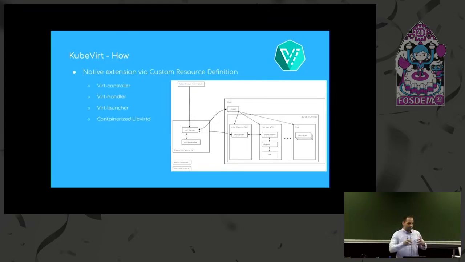KubeVirt provides its own small set of new custom resource definitions, extending the inner database of Kubernetes for new types of objects which can be stored there and so managed or accessed by the API server. Having that, you can build your own set of controllers taking actions upon this new kind of objects.